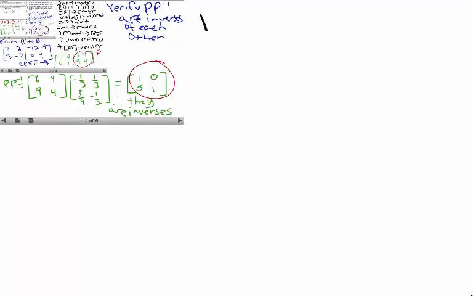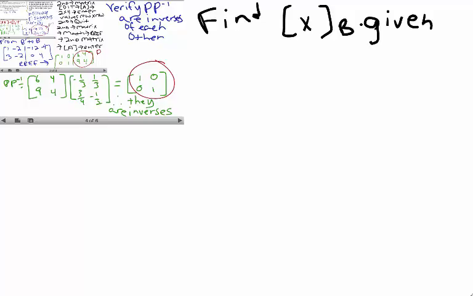Lastly, we'd like to find the coordinate matrix of x relative to B when we are given the coordinate matrix of x relative to B prime.